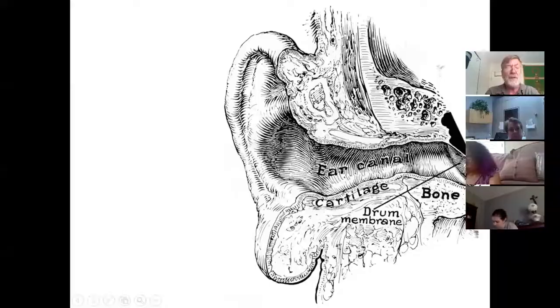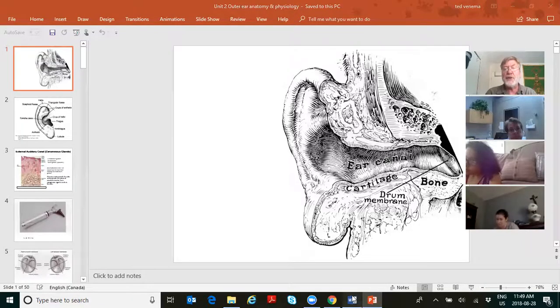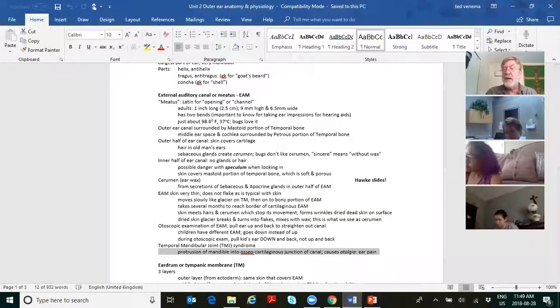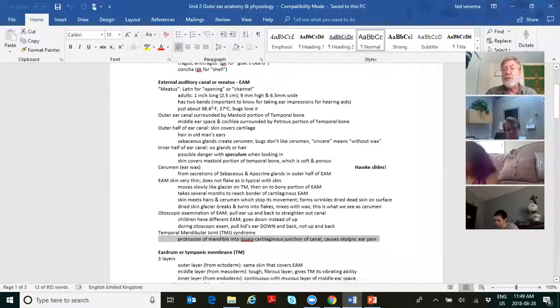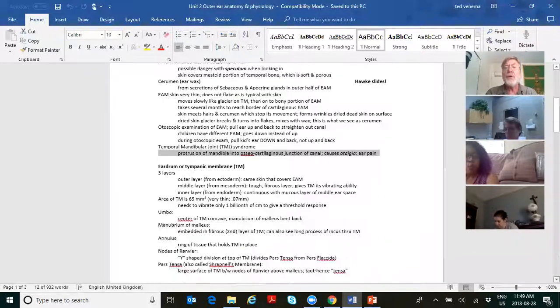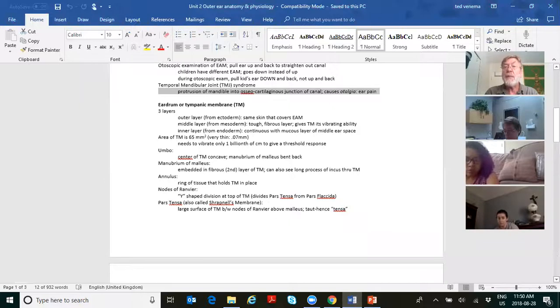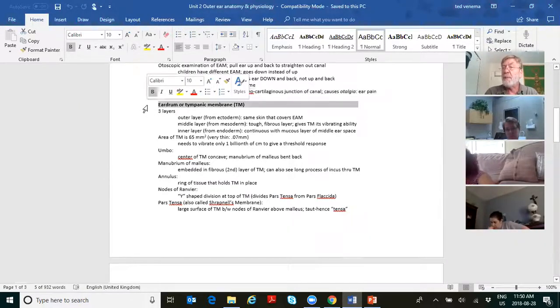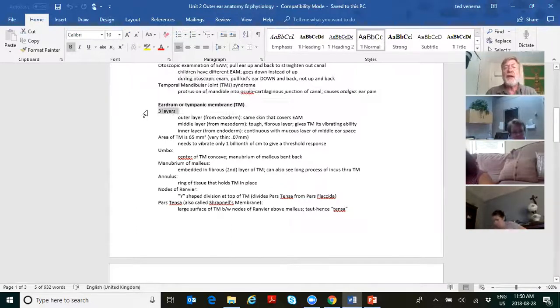Now, all right, back to your notes here. All right, eardrum. Let's look at the eardrum, or tympanic membrane. TM, tympanic membrane or eardrum. Tympanum is a word for drum. Your eardrum actually has 3 layers of skin.